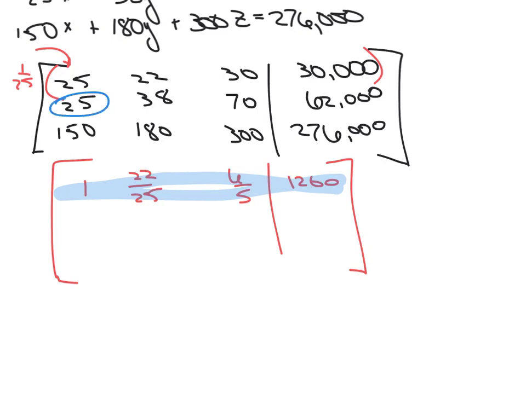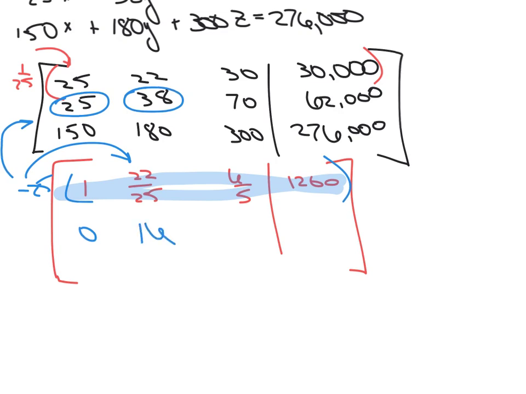So we're going to multiply that 1 by a negative 25. And then when we add that to this row, we get negative 25 plus 25 is 0. This times this, and then we have to add it to that 38. And in this case, we end up getting 16.